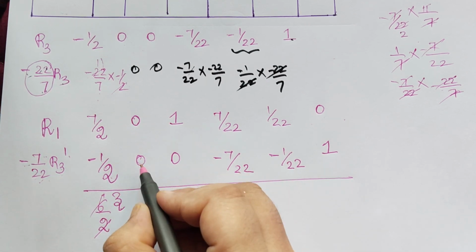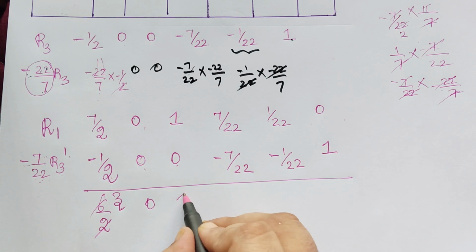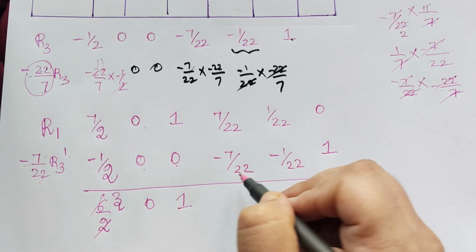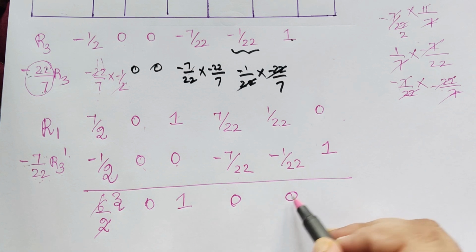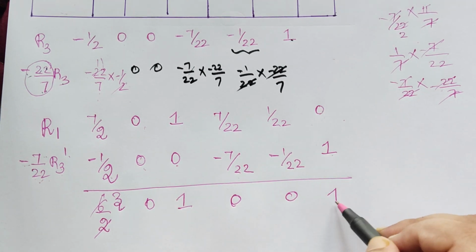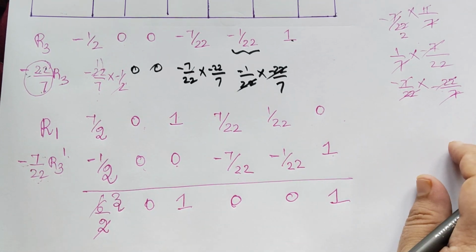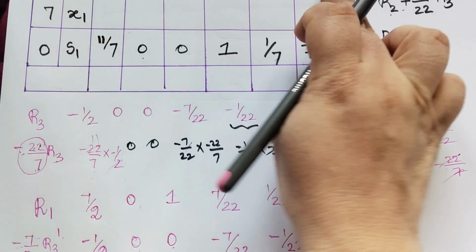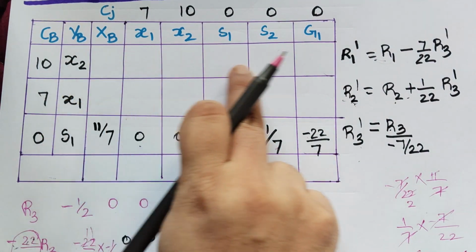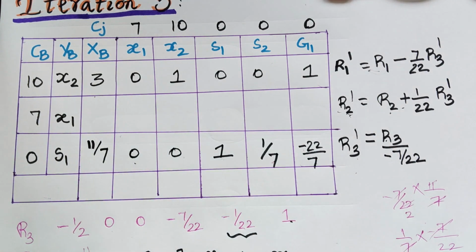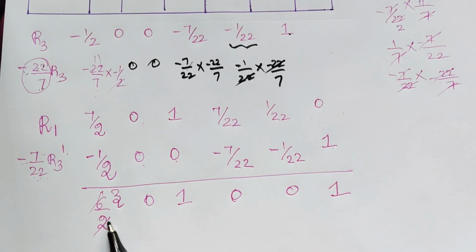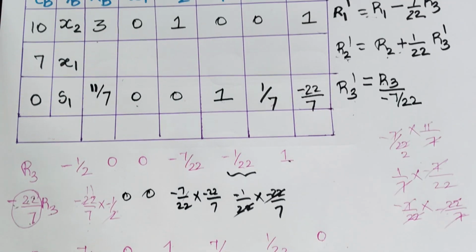Then 0, 1 plus 0, 1. 7 by 22 minus 7 by 22 is 0. 1 by 22 minus 1 by 22 is 0. 0 plus 1 is 1. So these are the values of row 1 dash. We will take and write them in the table. So I have written here 3, 0, 1, 0, 0, 1. So these are the answers.